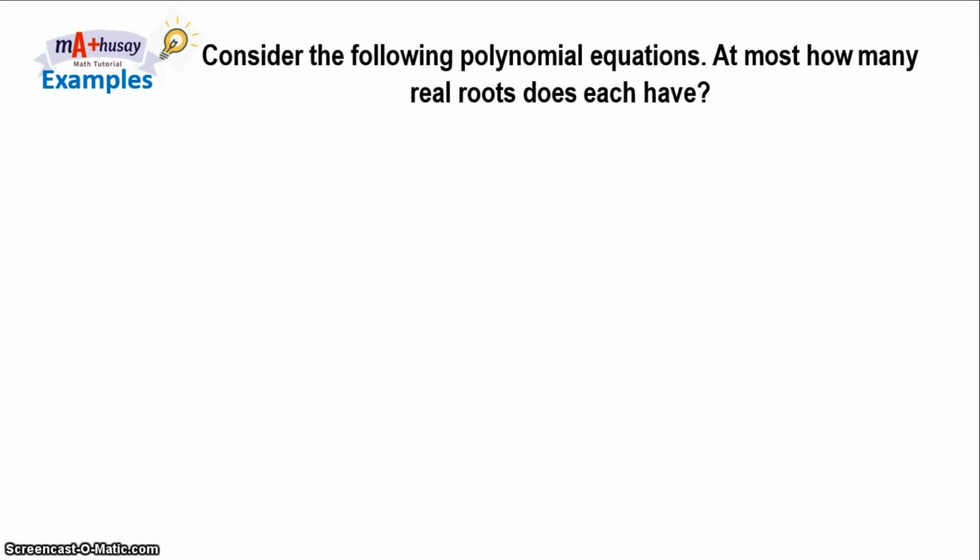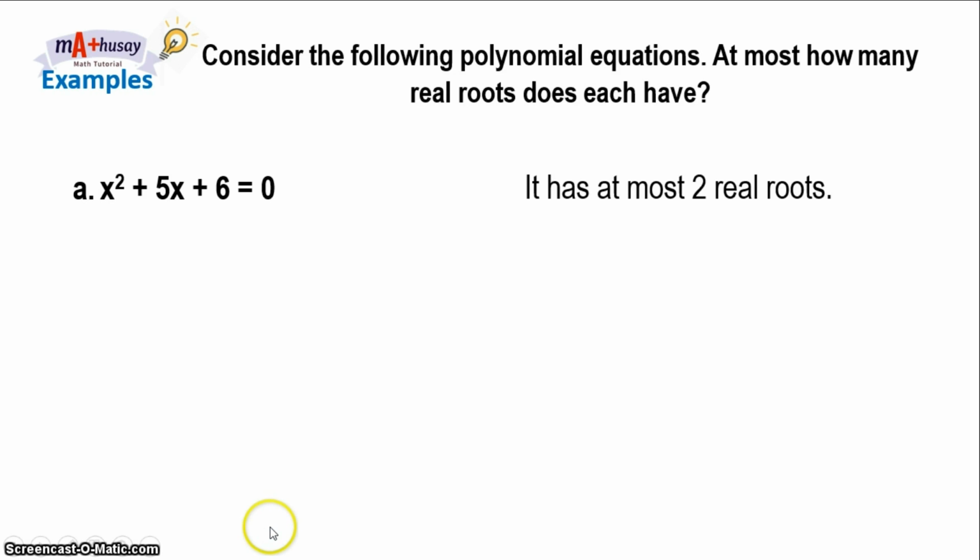Example number 1. Consider the following polynomial equations. At most, how many real roots does each have? For letter A, we have x squared plus 5x plus 6 equals 0. So we know that a quadratic equation has at most 2 real roots.